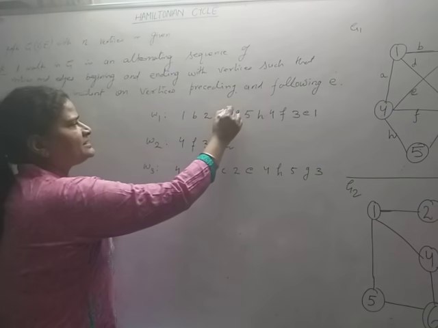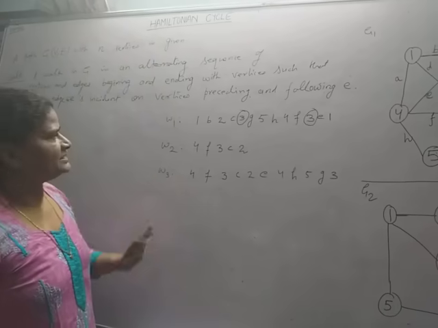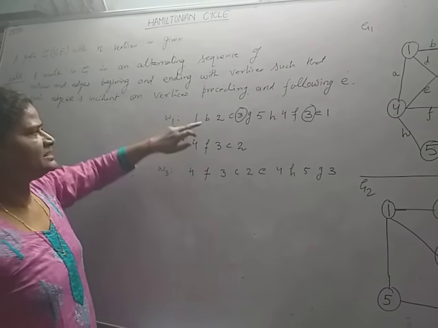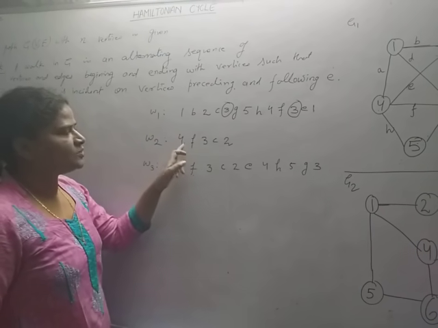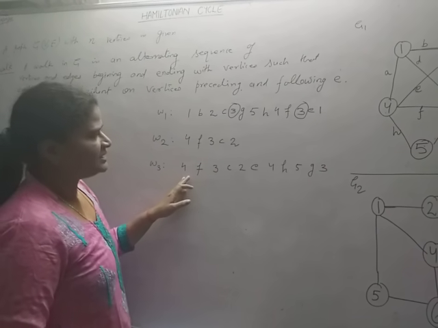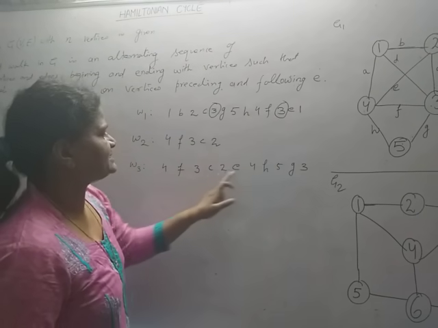Here vertex 1 is repeated, at the start and end, and vertex 3 is repeated, but no edge is repeating.